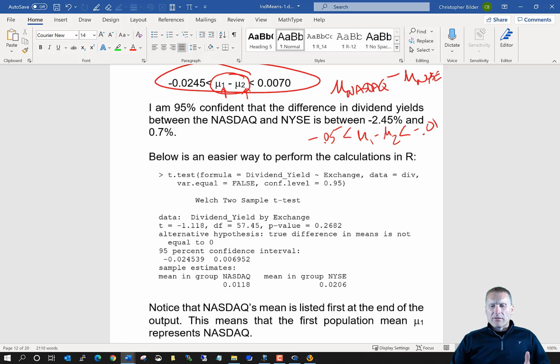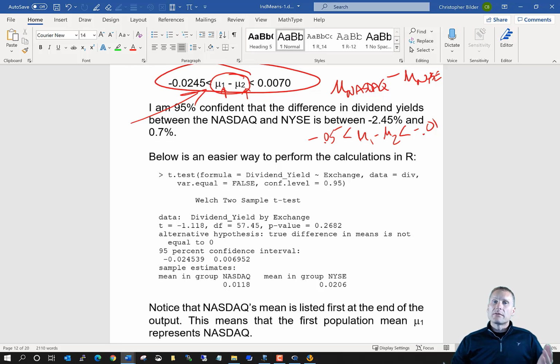If you looked at an interval like that, you might wonder which one is greater, because 0 is not in the interval, and you have to keep track of what was 1 and what was 2 so that you remember which one is greater. That leads to an eventual question I'll ask: based upon these samples, can we make any conclusions about whether one stock exchange has a higher dividend yield on average versus another?